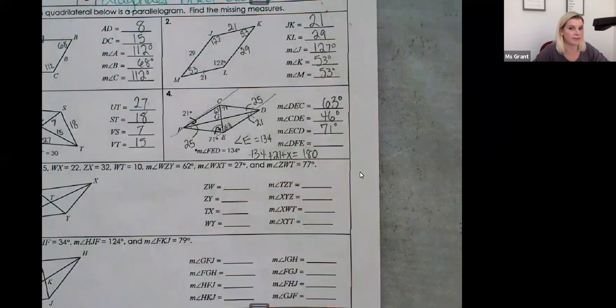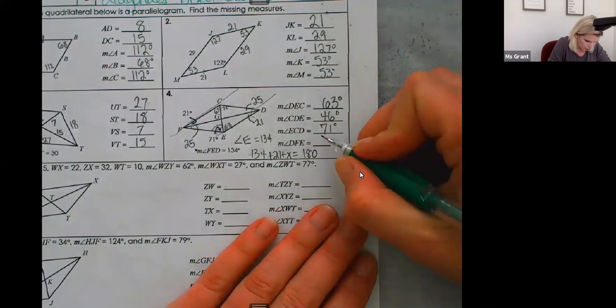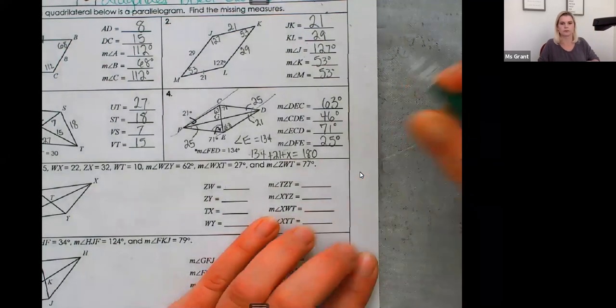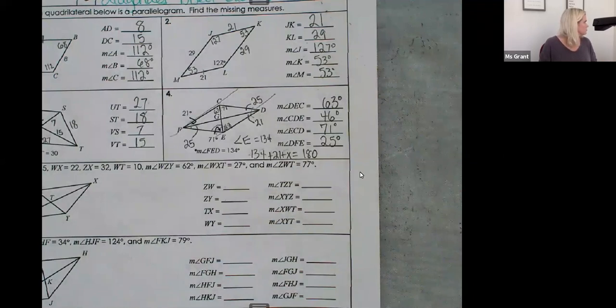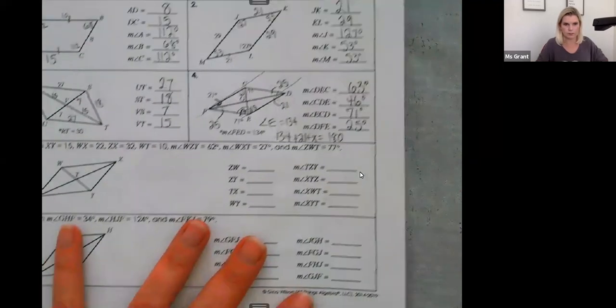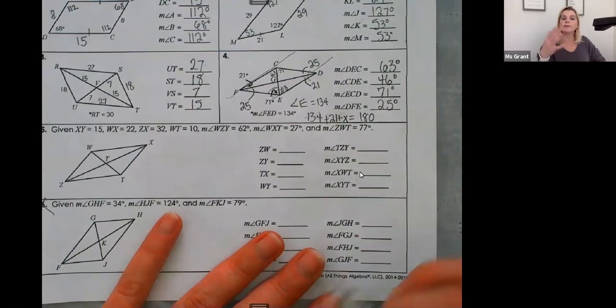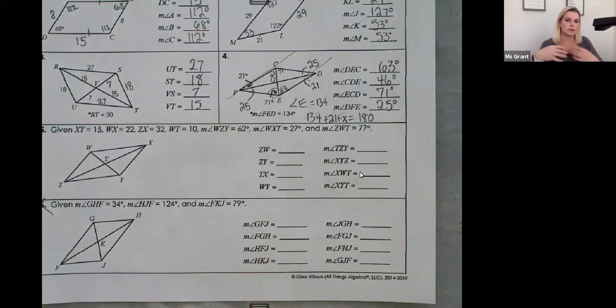Measure of angle DFE, DFE, 25 degrees. So sometimes I'm told about angles, sometimes I'm told about diagonals, sometimes I'm told about sides. Every parallelogram is going to be different.